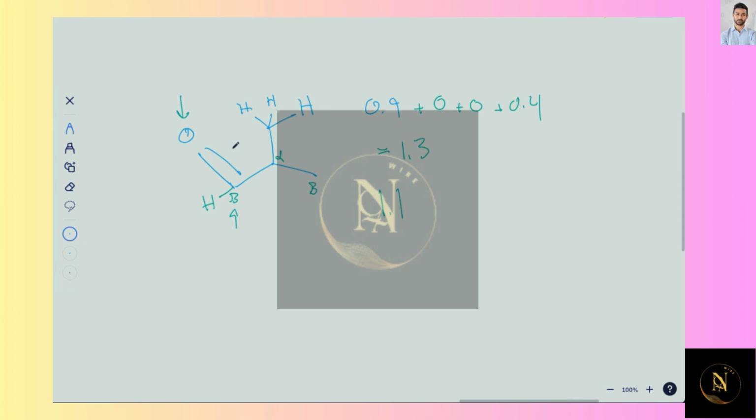The effect of an aldehyde at the beta position is 0.4. So 1.3, but it's probably 1.1. That's probably the answer.